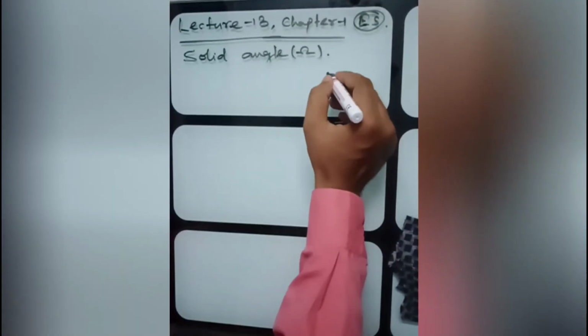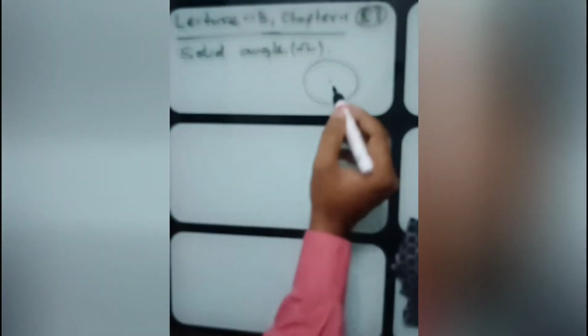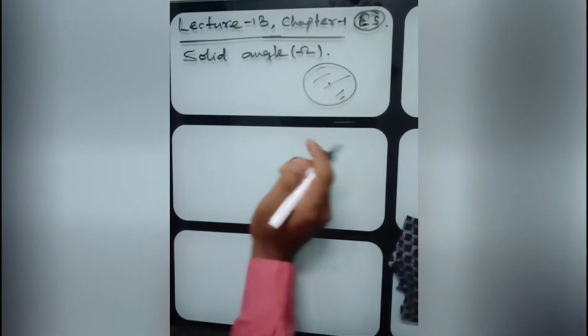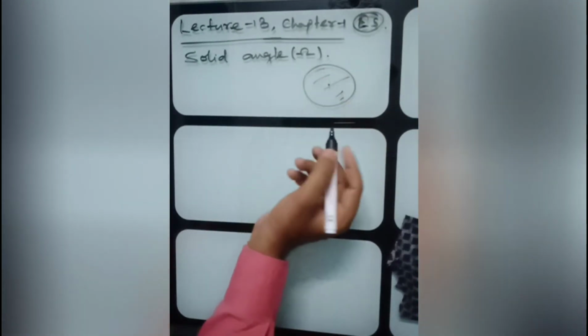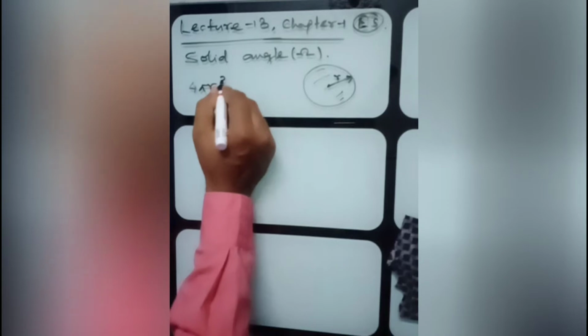If this is the sphere, then for the total surface area of a sphere, how much will it be? It is 4 pi r square, if the radius is r.